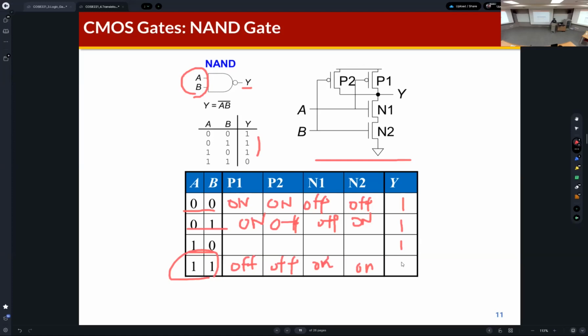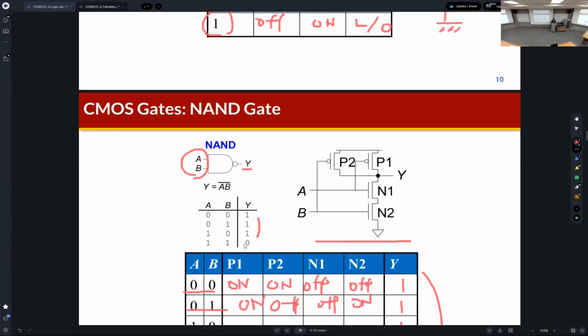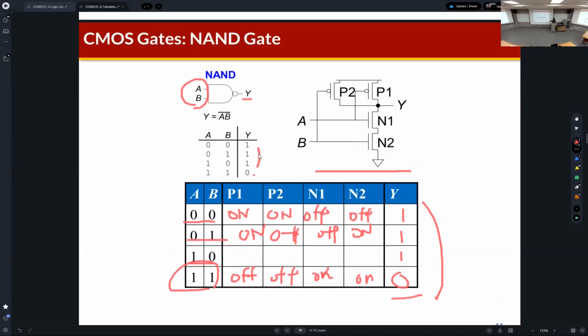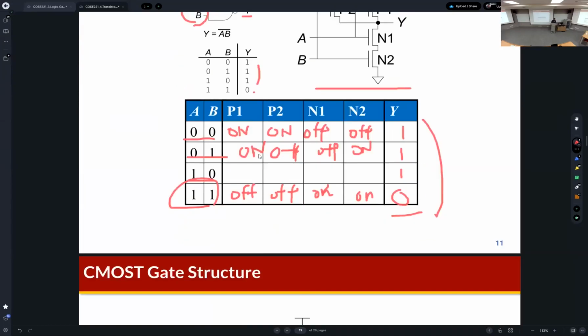So this is 0. If we see the value of Y based on the operation of the MOS transistors, then we can observe that this level is the same as the contents of the truth table. Okay? So we can build NAND gates using MOS transistors like this.